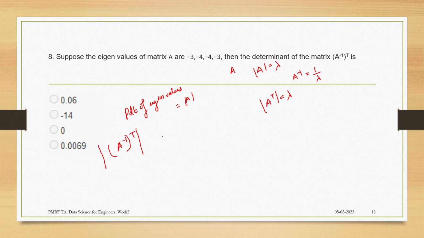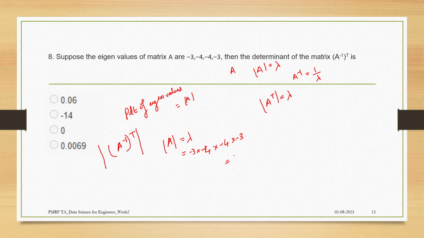So determinant of A transpose is lambda only, and determinant of A inverse is 1 by lambda. So if determinant of A is lambda, that is equal to -3 into -4 into -4 into -4 into -3, then it will be equal to how much?